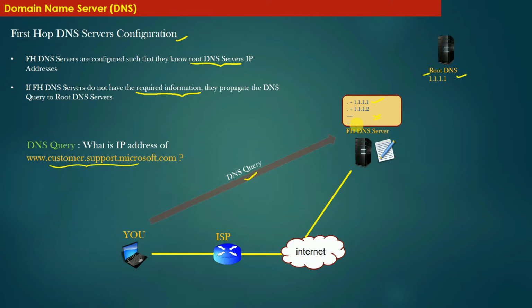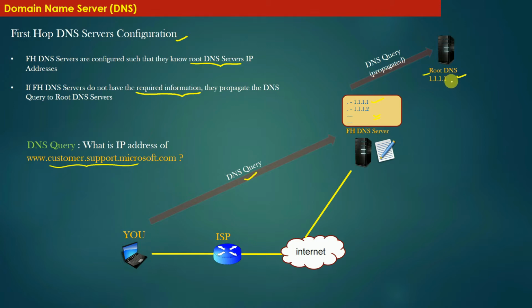In that case, the First Hop DNS server simply propagates your DNS query to the root DNS server. Because the First Hop DNS server knows the IP address of root DNS servers, it can very well send any message to the root DNS server. So in the event when the First Hop DNS server does not know the IP address of the requested website, it delegates the responsibility of finding the IP address of the requested website to the root DNS server.